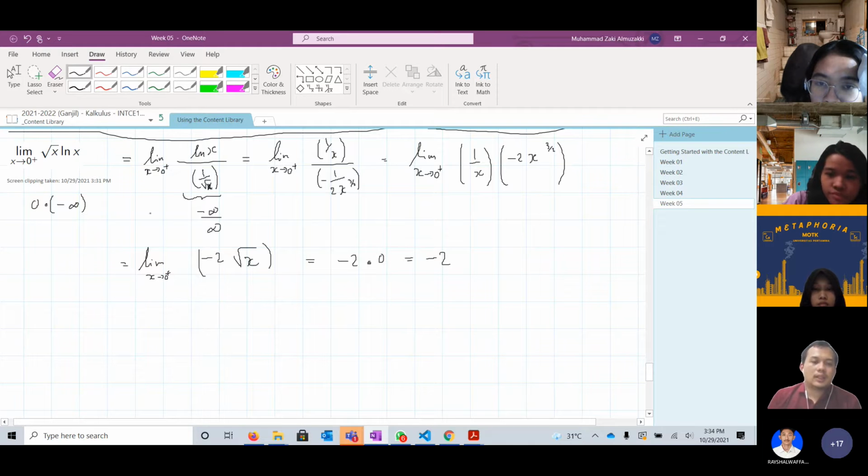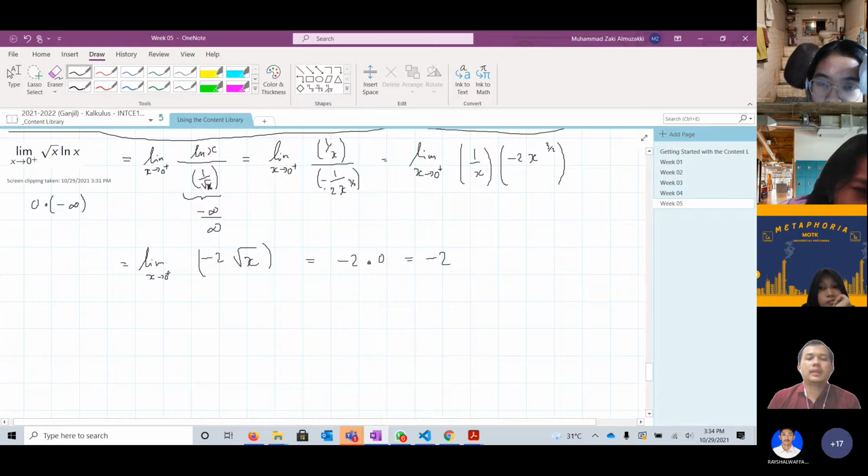Jadi di sini karena kita mau menggunakan aturan L'Hopital, maka kita ubah bentuknya sehingga di sini kita dapat bentuk tak hingga per tak hingga ya. Jadi akar x-nya kita buat jadi penyebut. Jadi 1 per akar x. Karena kita pindahkan ke penyebutnya. Kemudian kita turunkan 1 per 1 atas dan bawah.